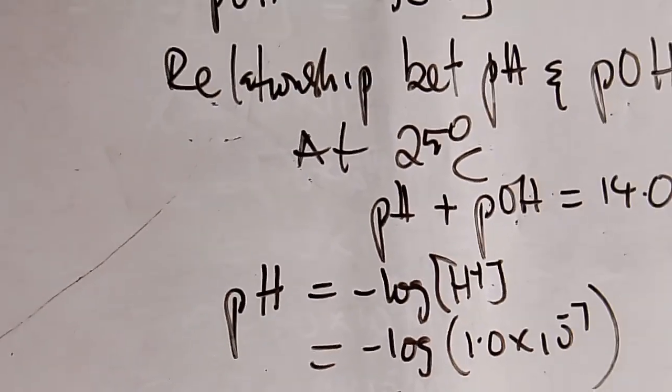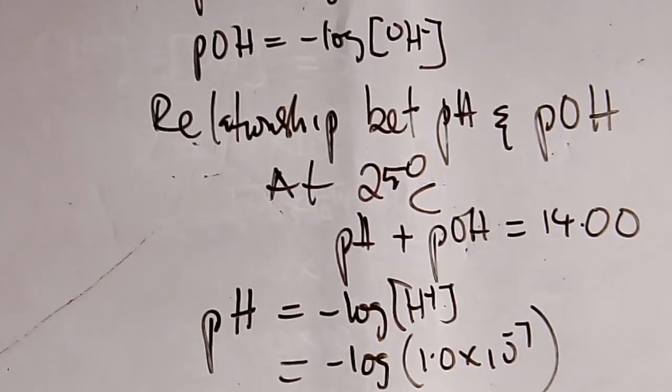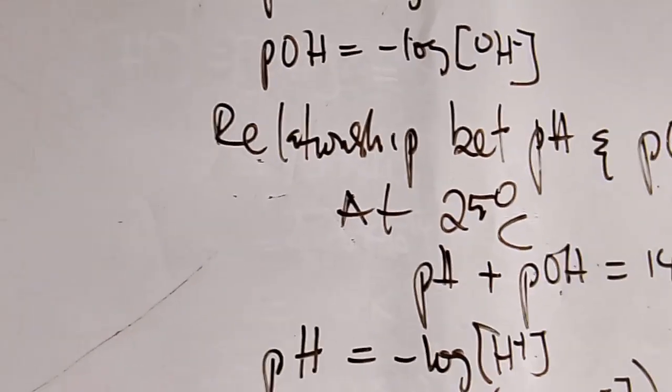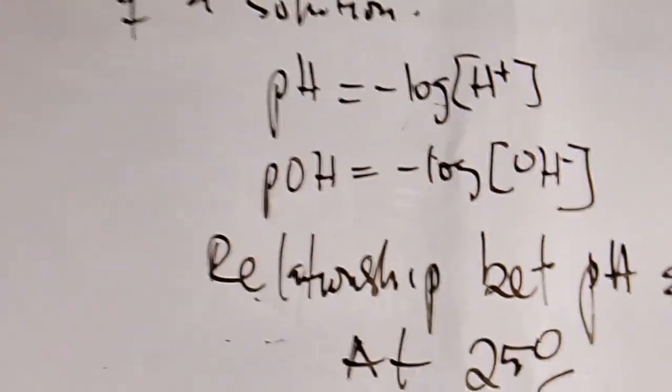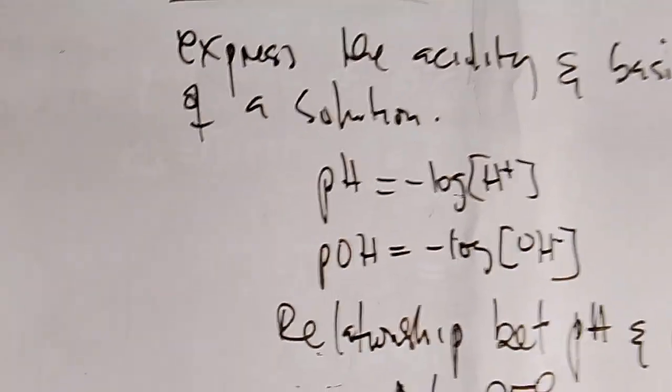So when we are looking at the pH scale, numbers less than 7 are for acid, greater than 7 are for base or alkaline, and exactly 7 is neutral.